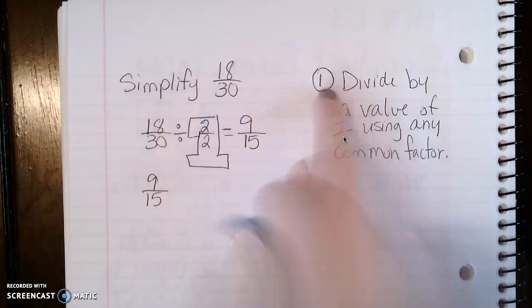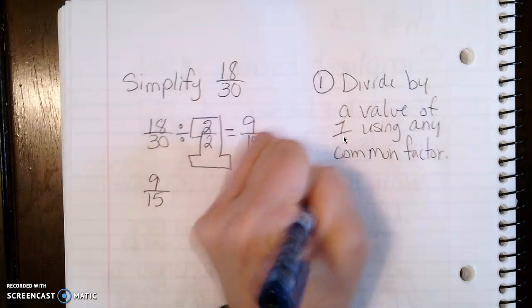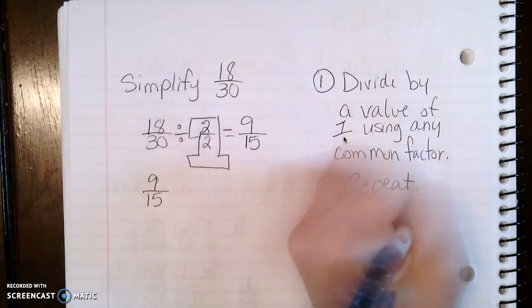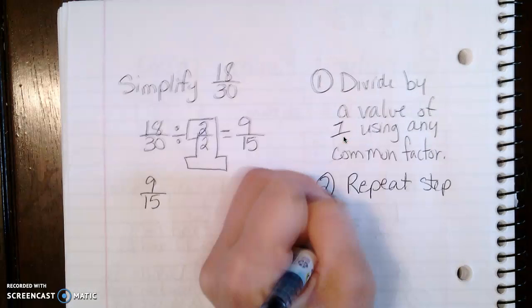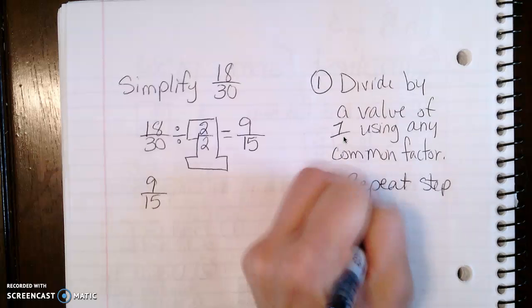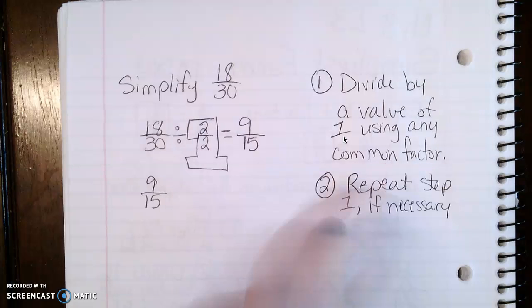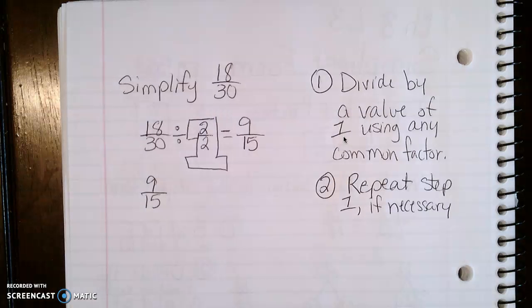So step 2 would be repeat step 1, if necessary. Sometimes I just have to do it once, right? But in this case, 9 and 15 have another common factor.